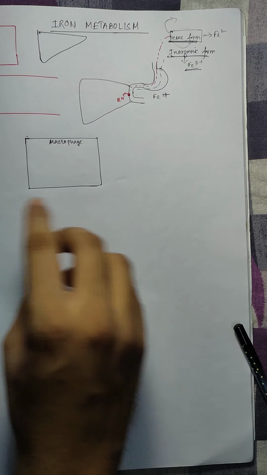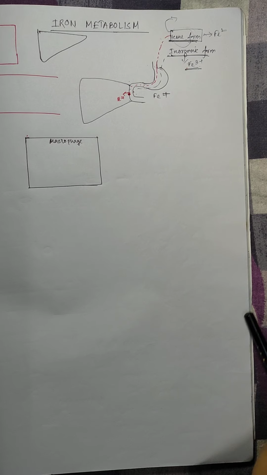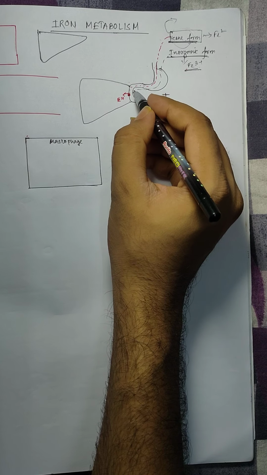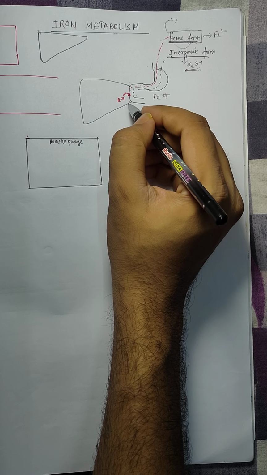So that is why there is one enzyme here known as ferric reductase, on the apical side of the enterocyte.